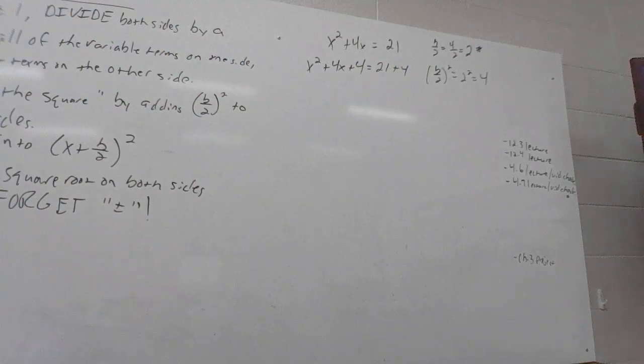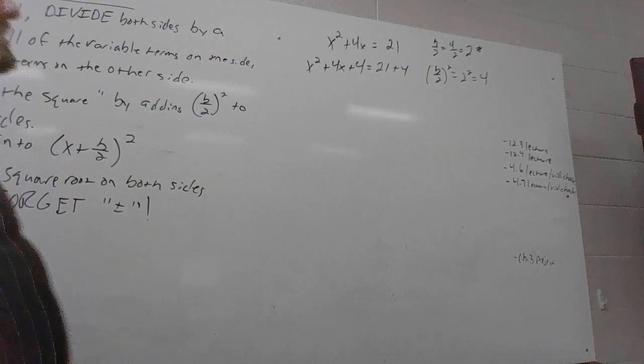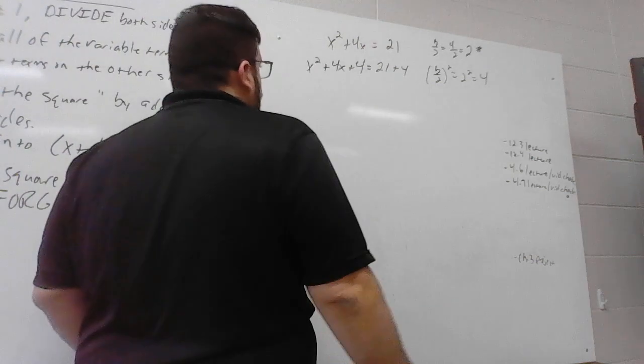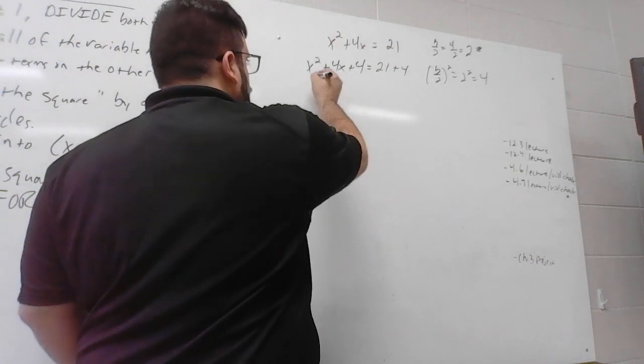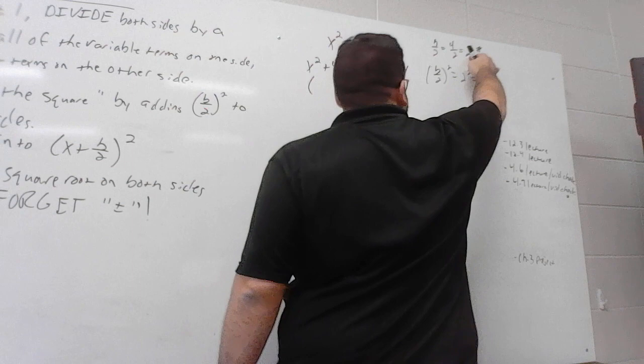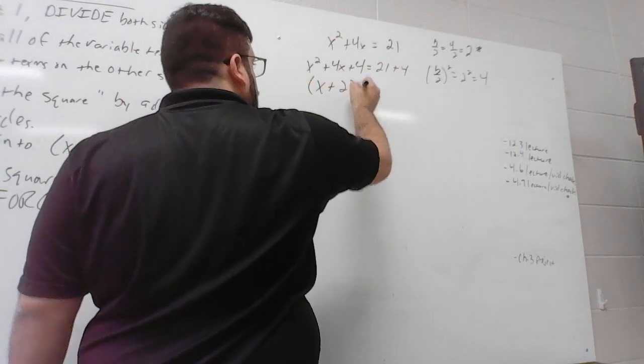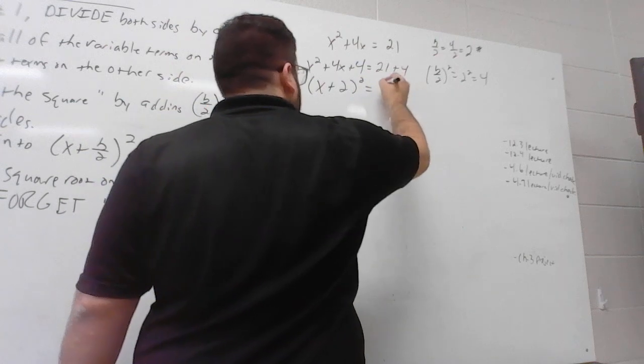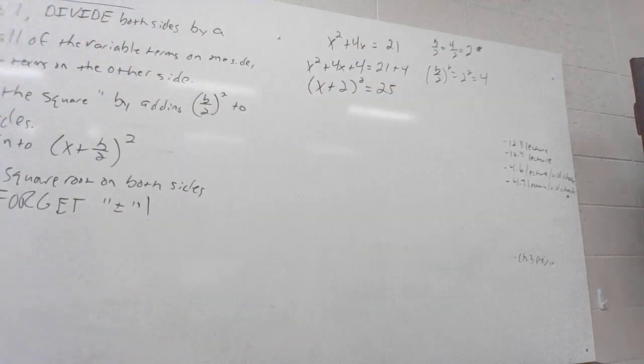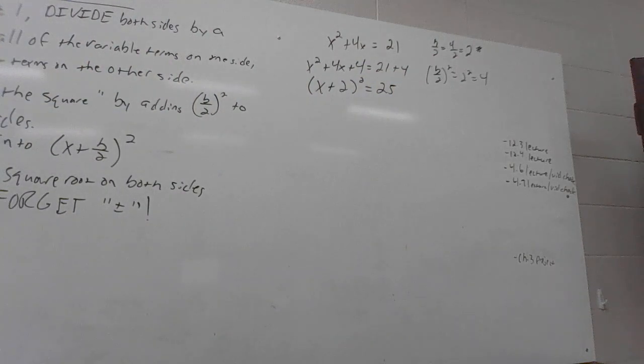Because remember, what you add on one side of an equation, you have to add to the other side. Okay? So now, this is a perfect square trinomial. This is the number that's going to be inside that factor. That's positive, so that's x plus 2 squared equals 21 plus 4, which is 25. So again, that's done. Steps 3 and 4 are done.